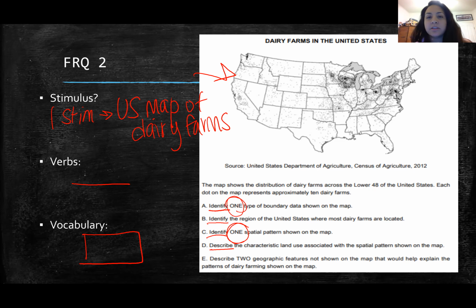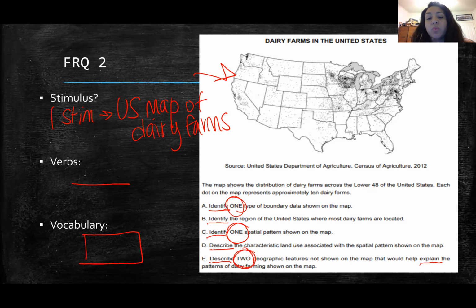Big fancy words, don't be afraid of them. All right. And letter E, describe two geographic features not shown on the map that would help explain the patterns of dairy farming shown on the map. Okay, lots of vocabulary.